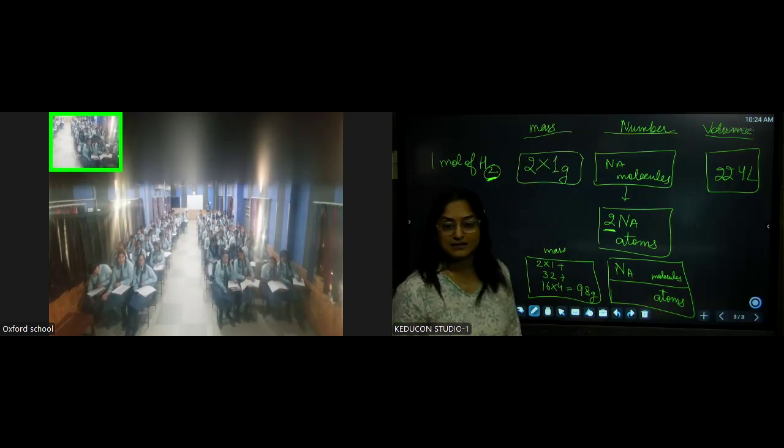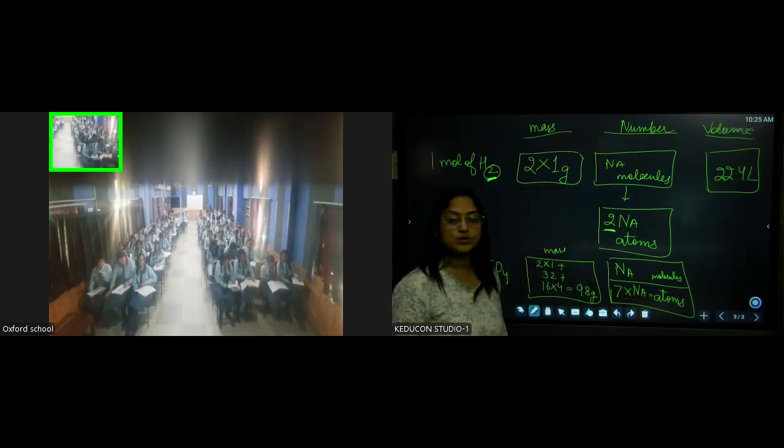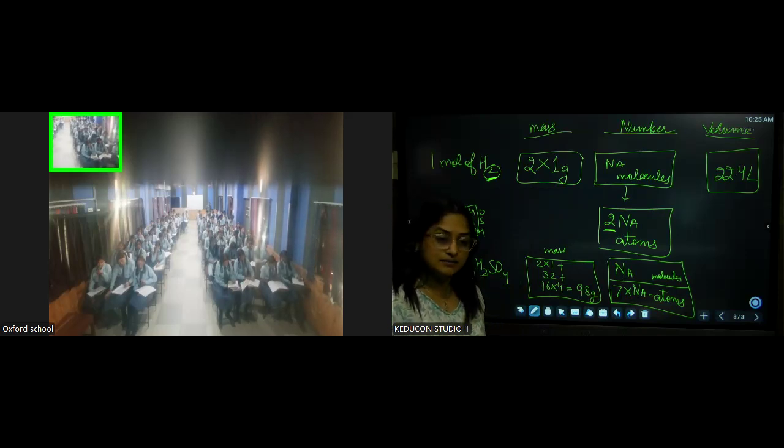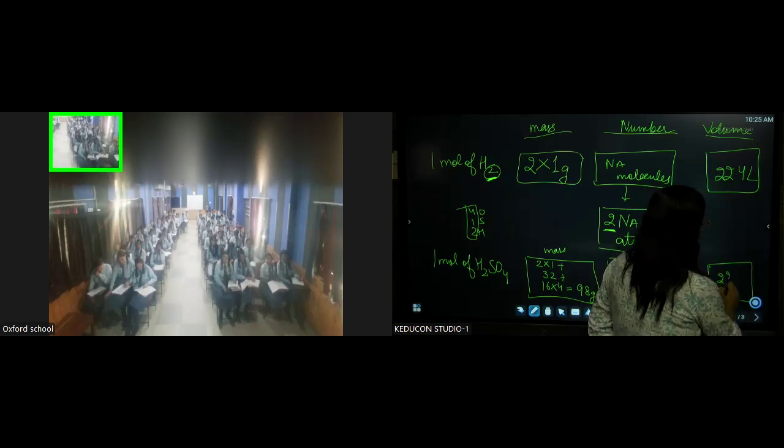Total 7 atoms. So I have to multiply this Avogadro number with 7 to convert it into atoms, right? And the volume will be fixed. This is equal to 22.4 liters. Sorry.